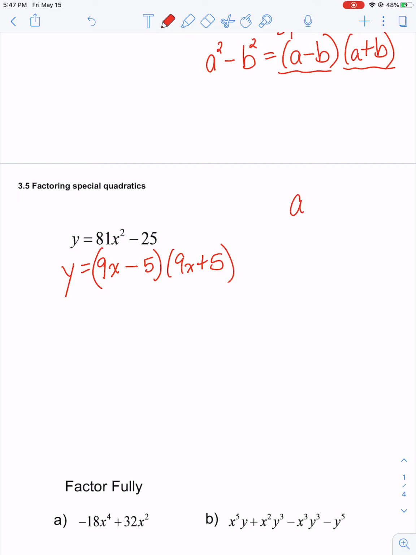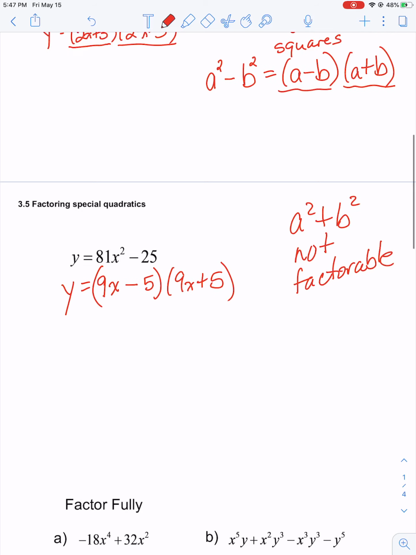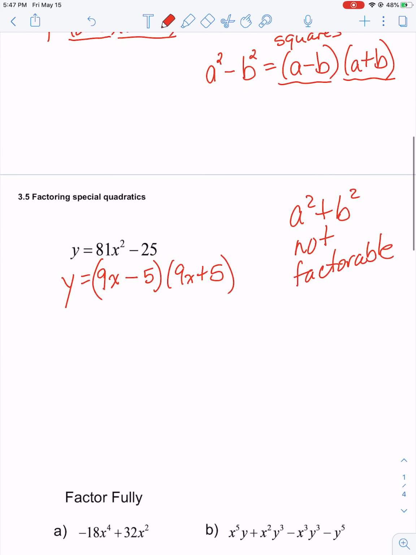So if you have a squared plus b squared, this is not factorable. Because let's just pretend it was 4x squared plus 9. So that's the same as 4x squared plus 0x plus 9. So I need two numbers that multiply to give me positive 9 and add to give me 0.